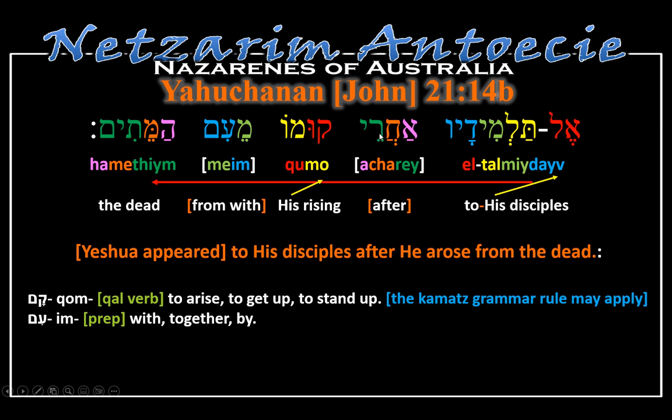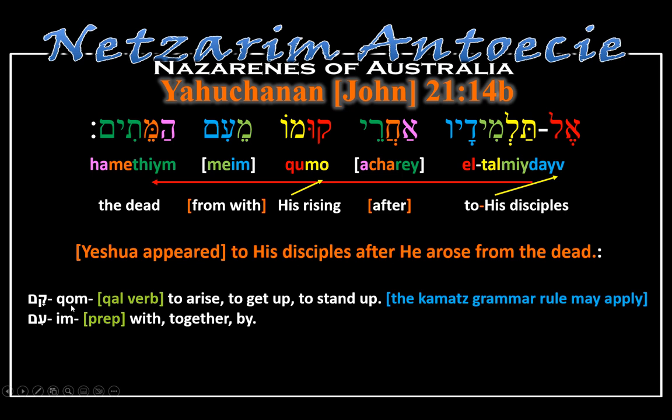Acharei, meaning after. Kumo, meaning his rising. So of course the O is his, and kum means to rise up, right? His rising. Me'im, which literally means from with. I normally translate just from, but it's from with. Ha-metim, the dead. And the translation, Yeshua appeared to his disciples after he arose from the dead.